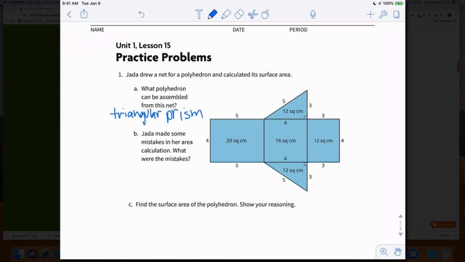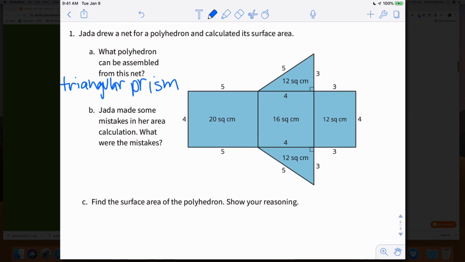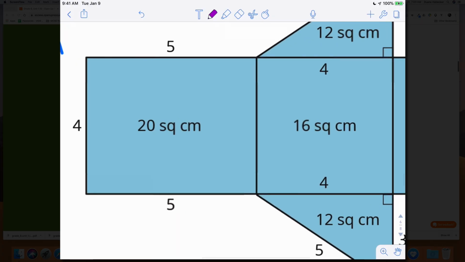Nice triangular prism. Now, Jada made some mistakes in her area calculation. Ooh, what are the mistakes? So what you're going to have to do is look at each of these faces and find the area, because Jada found the area, but clearly we have some mistakes.